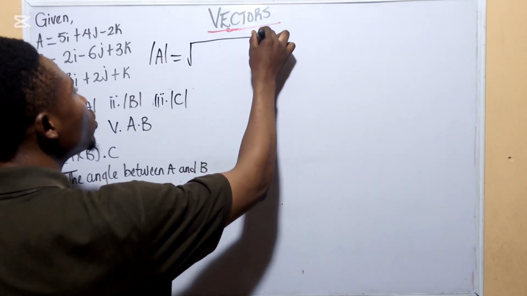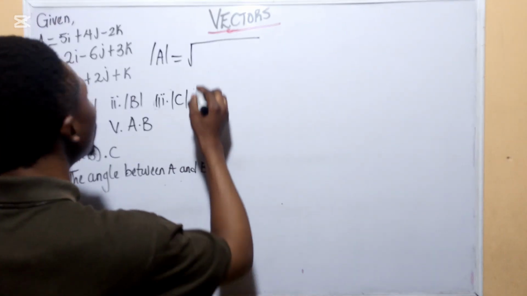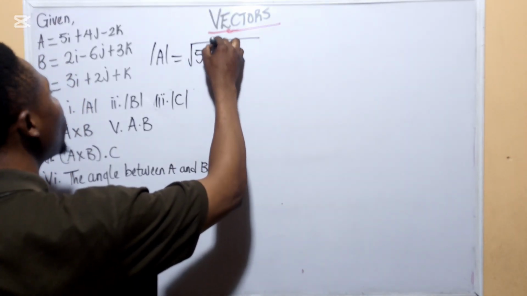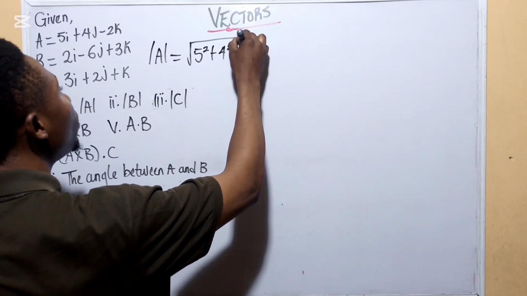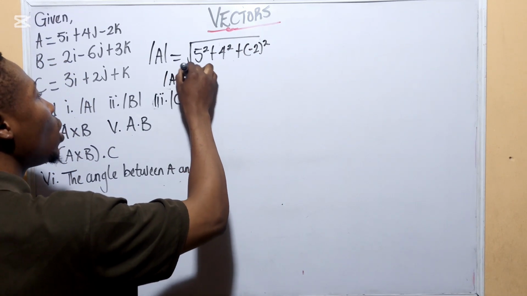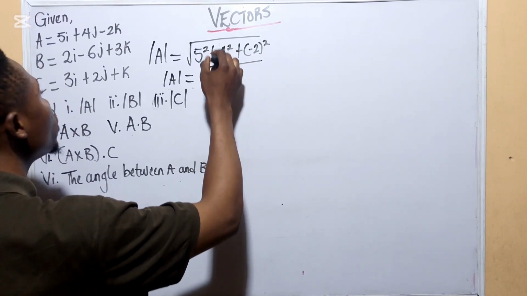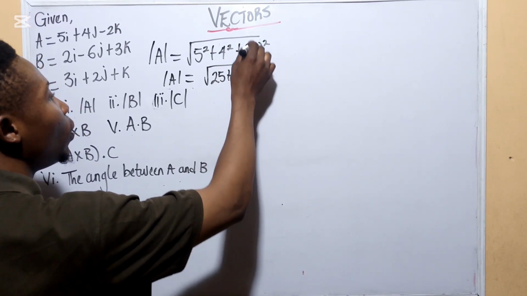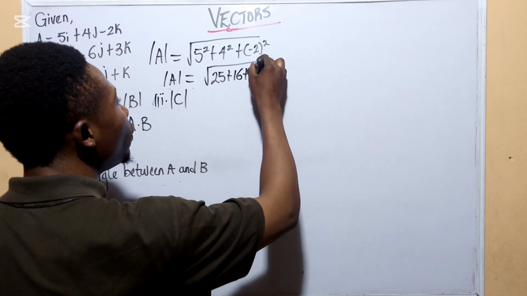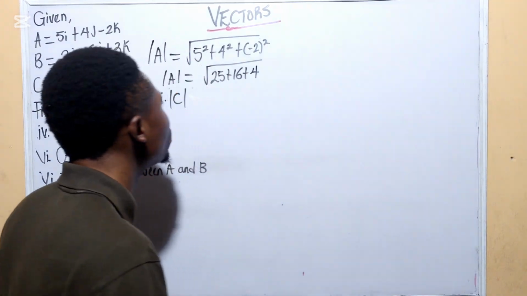It becomes square root of the squares of each component, the coefficient of each component. So it becomes square root of 5 squared plus 4 squared plus minus 2 squared. So this is going to be equal to 5 squared, that gives us 25, plus 4 squared, that gives us 16, plus minus 2 squared, which is minus 2 times minus 2, that gives us 4.